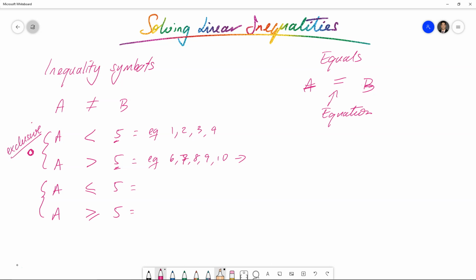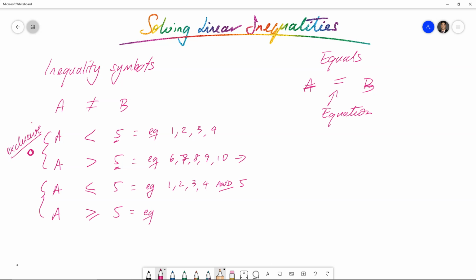These two symbols are more or less the same, with just a slight difference: we've got the line underneath. It's saying that A represents the values that are less or equal to 5, in this case 1, 2, 3, 4, and 5. So 5 is now included.